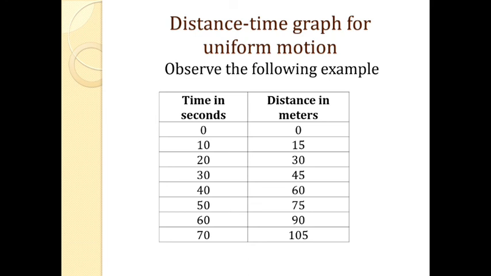The time interval is of 10 minutes. Now focus on distance covered. If you observe the table, this table shows the vehicle or the object is in uniform motion. In each time interval, the object is covering 15 meters each.